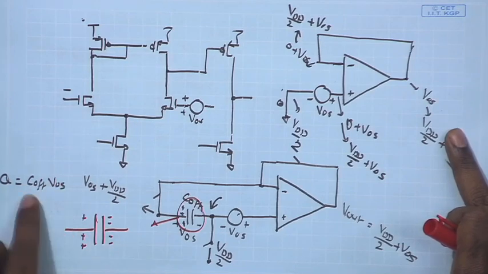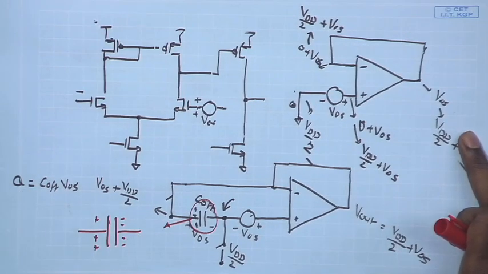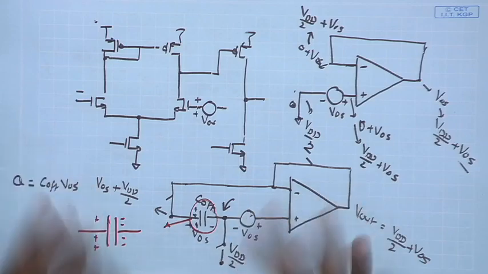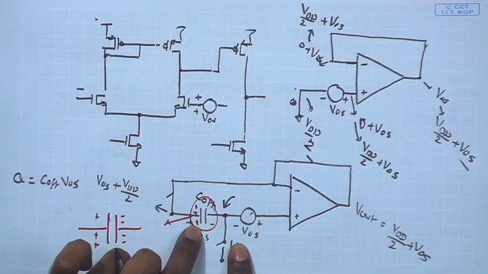This is the V offset, yes. So, this is the total charge which is stored on the positive and the negative plate of the capacitor, and the moment you disconnect this from VDD by 2, the charge at this node is remaining clamped, it has no other way to go, and therefore, it is also going to make sure that the positive charge over here also remains clamped. What does that mean?